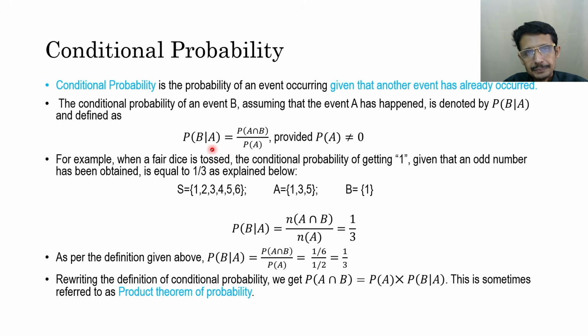It is defined as P of B given A equals P of A intersection B divided by P of A, provided P of A is not zero.